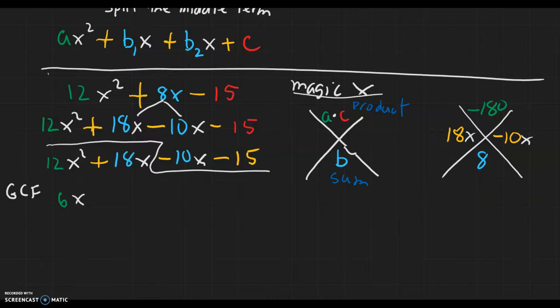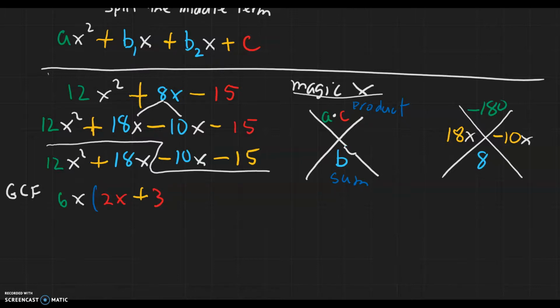Inside the parentheses, 6 times 2 is 12, and x times x is x squared, so I'm going to have a 2x here. Then 6 times 3 is 18, so it's going to be plus 3.